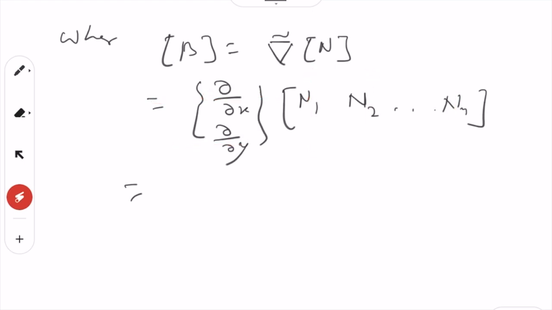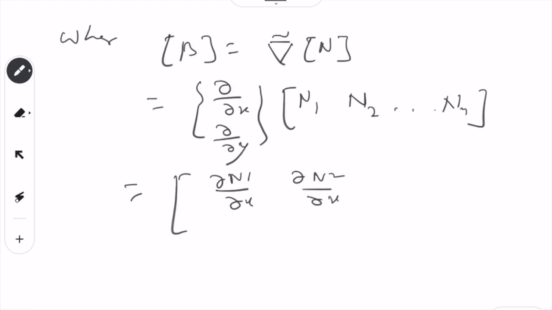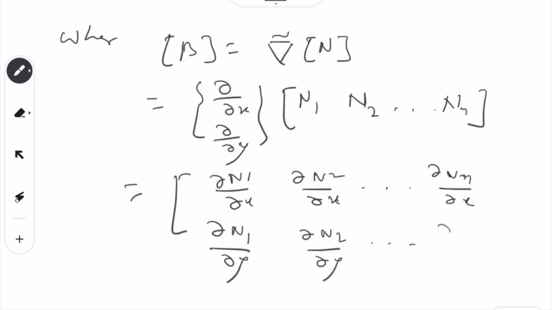The meaning is: del N1 over del x, del N2 over del x, and so on, del Nn over del x, and here it will be del N1 over del y, del N2 over del y, and so on, del Nn over del y. So this is what the B is.